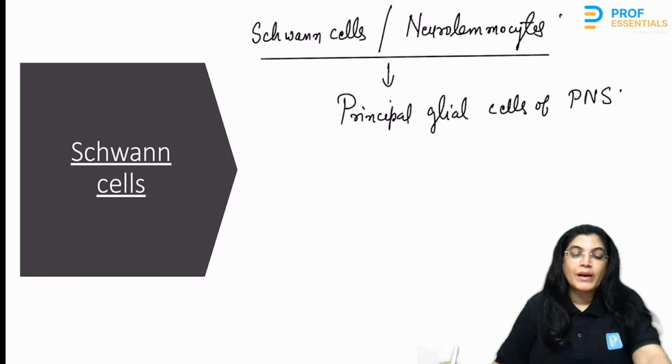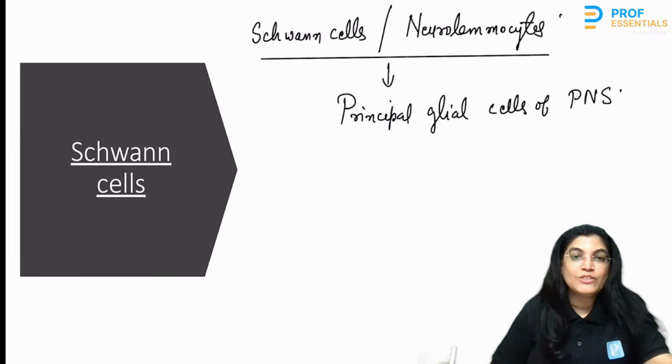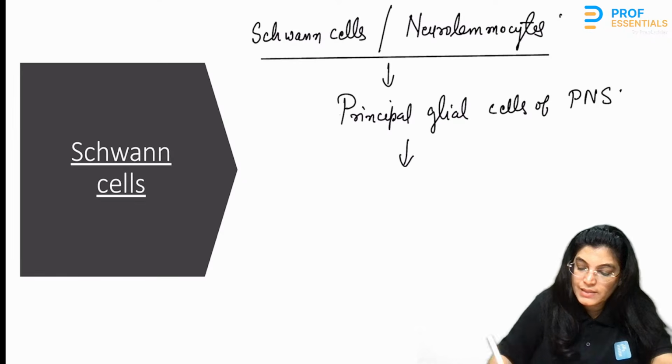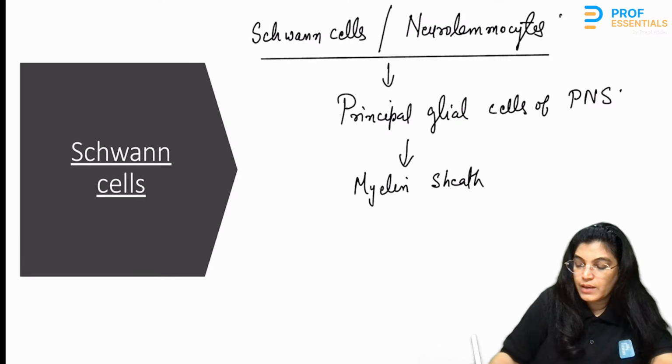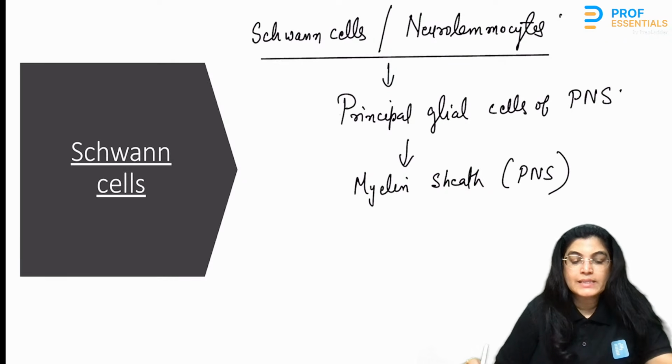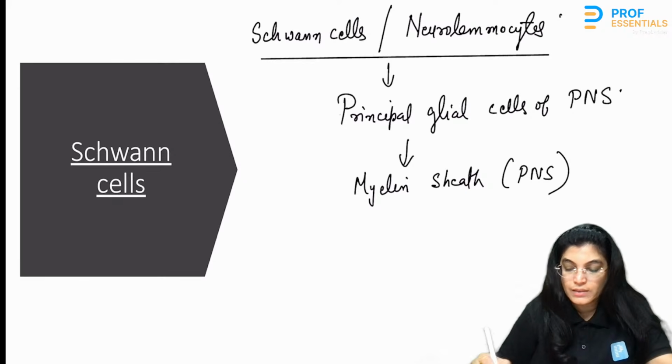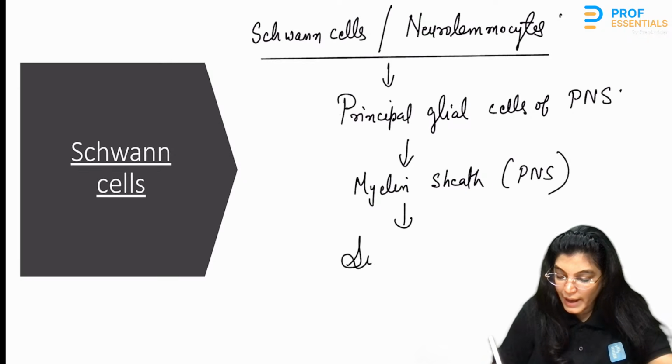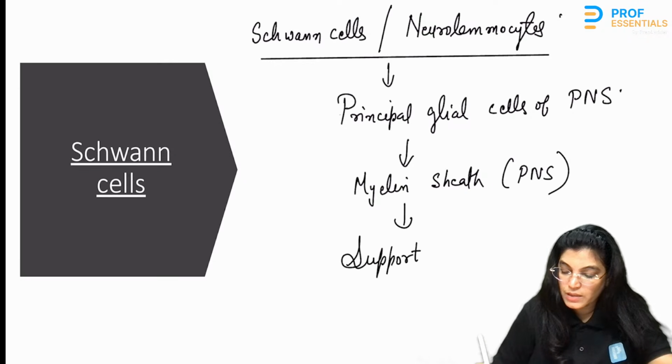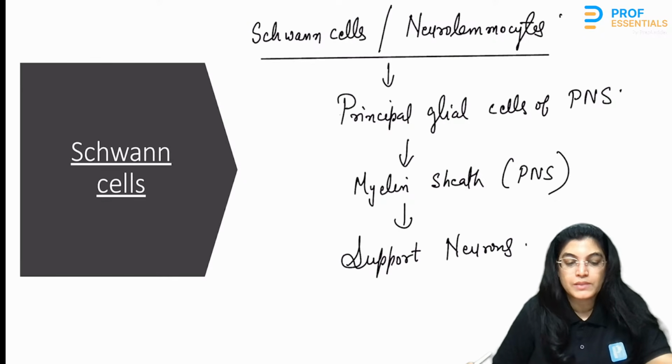Their function is to form the myelin sheath around axons in the peripheral nervous system. The major function is supporting the neurons of the peripheral nervous system.